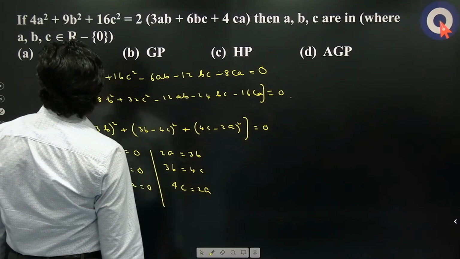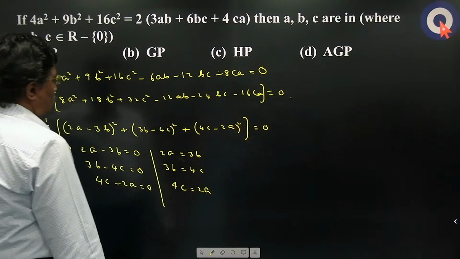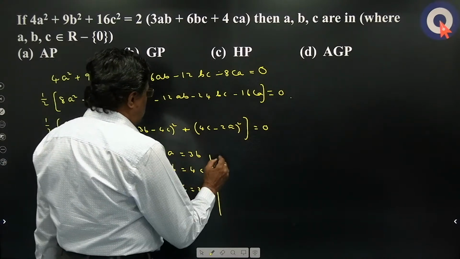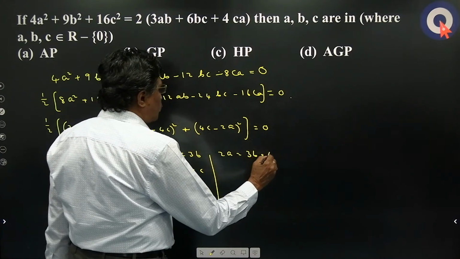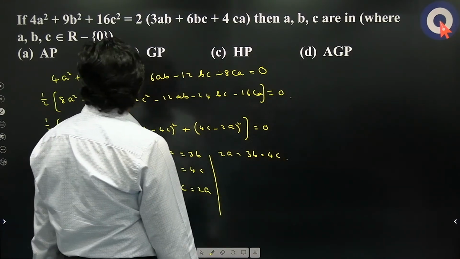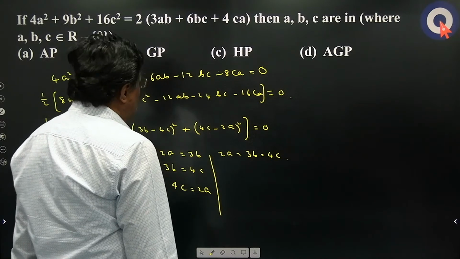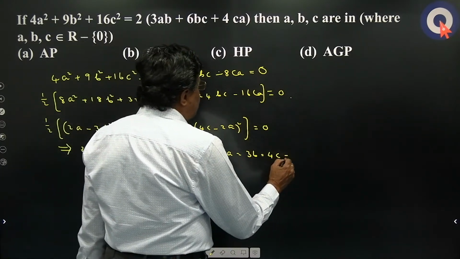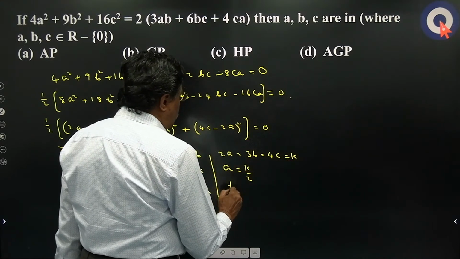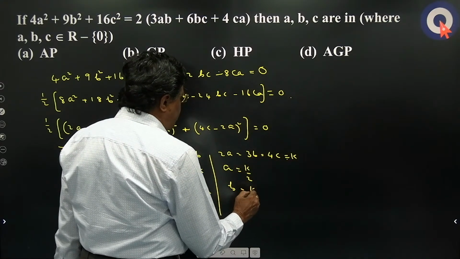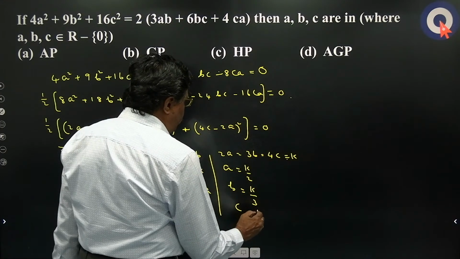So you have 2a is equal to 3b is equal to 4c. Let us say it is equal to k. So you have a is equal to k by 2, b is equal to k by 3 and c is equal to k by 4.